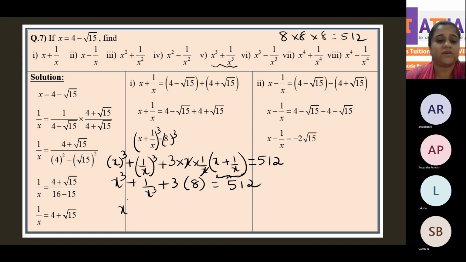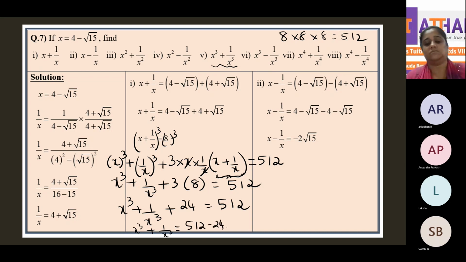So x cube plus 1 by x cube plus 24 equals 512. Then 24 gets transposed to the other side as minus 24. So 512 minus 24 is 488. So the value of x cube plus 1 by x cube is equal to 488.